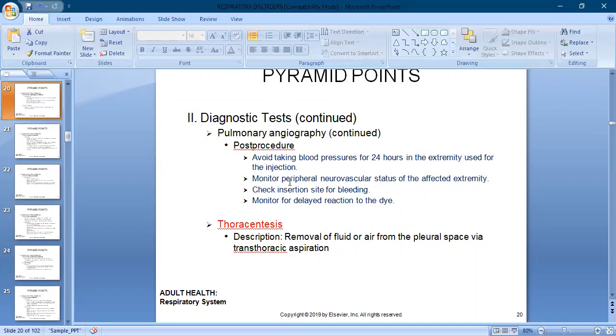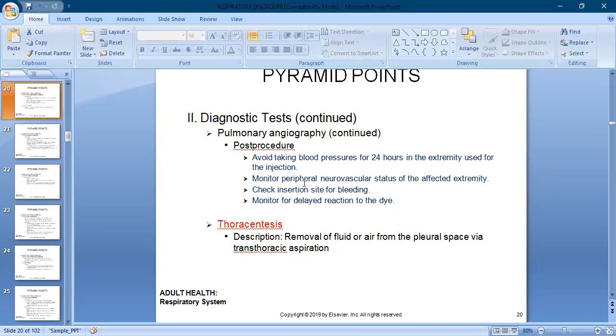Also monitor for the peripheral neurovascular status. We have to check the pulse, the blood supply, and the sensation. If there is any kind of blocking because of the dye, we can find it out.